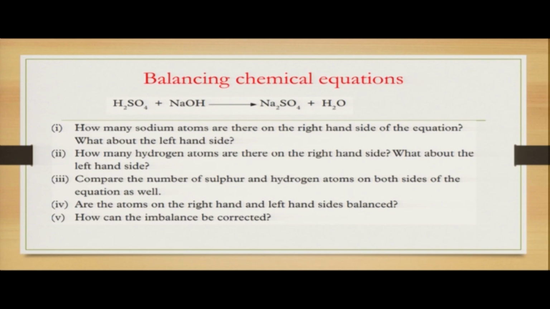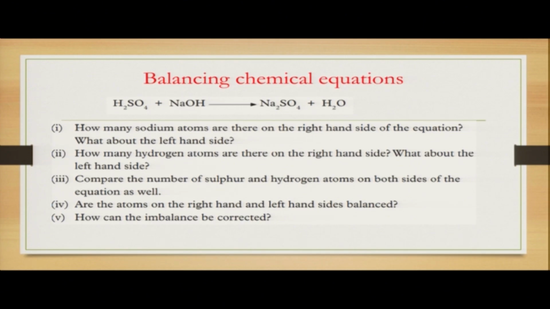This is giving sodium sulfate and water. This is the reaction that I'm talking about. If you look at this reaction, let's come back to the blackboard again. You find these are two sodium atoms, and on this side, we have only one sodium atom. So these sodium atoms are not balancing in this reaction, and yet these are the right symbols.